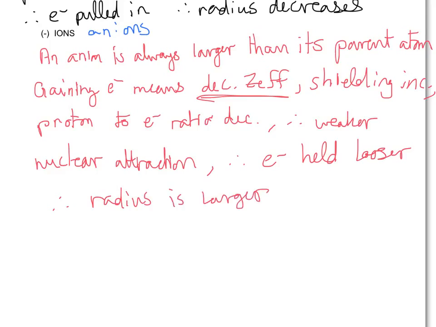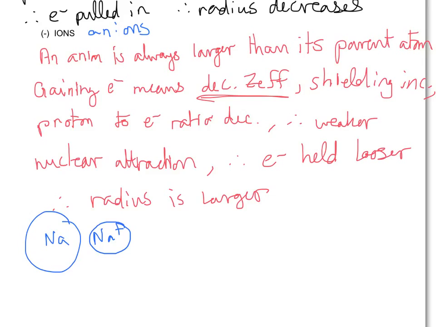Okay, so for example, let's say that you have sodium versus its ion, Na+. If you want to compare the size of these two, Na+ would be smaller because it lost electrons, and so your Zeff increases and it pulls those electrons towards it more.